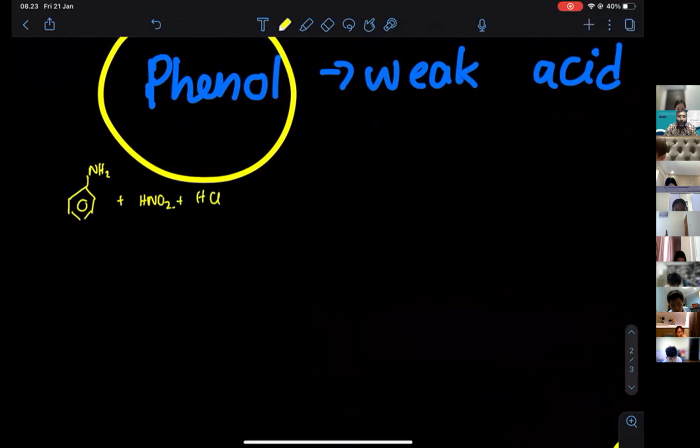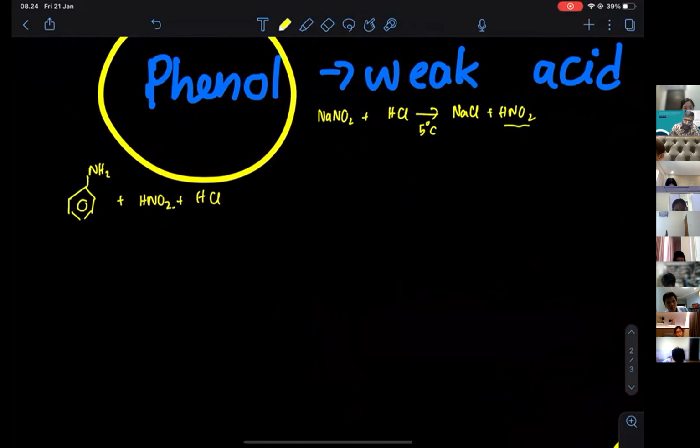This HNO2 cannot be prepared directly, so you need NaNO2 to react with dilute HCl, and you will get NaCl and HNO2. This must be done below 10 degrees Celsius; I put 5 degrees Celsius. If it is more than 10 degrees Celsius, it will decompose to become nitrogen gas, which we don't want.